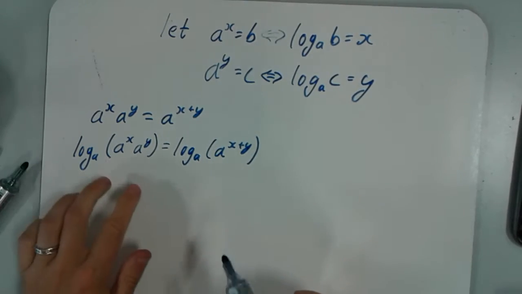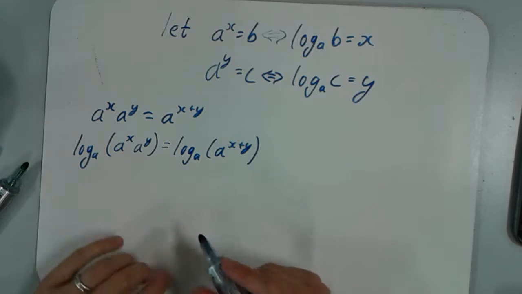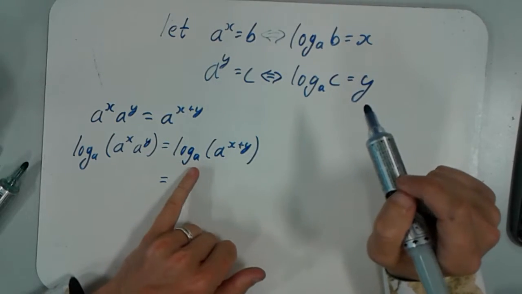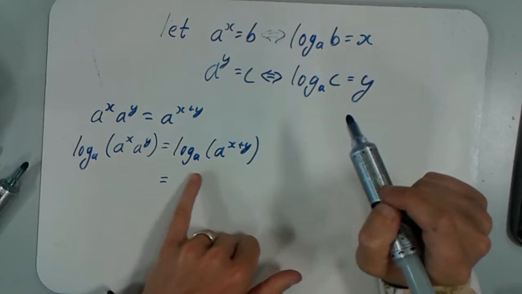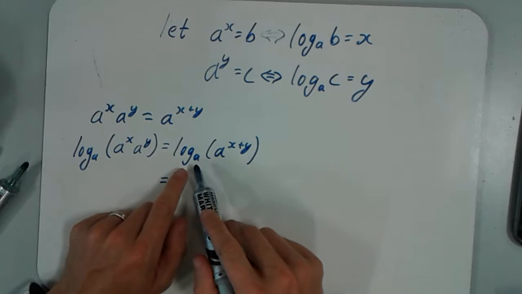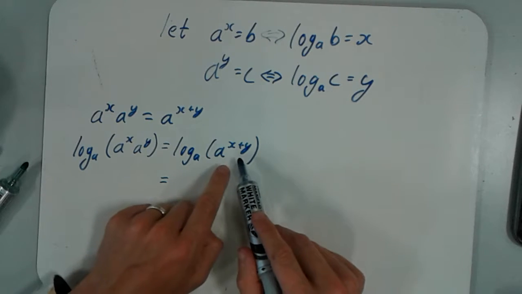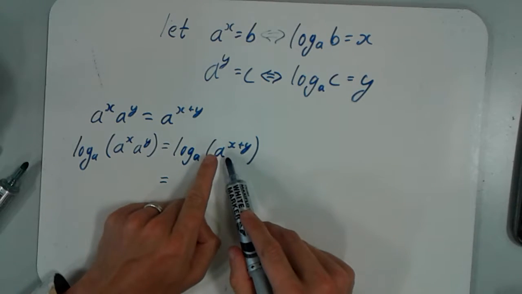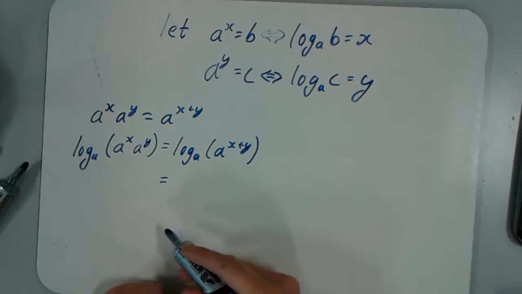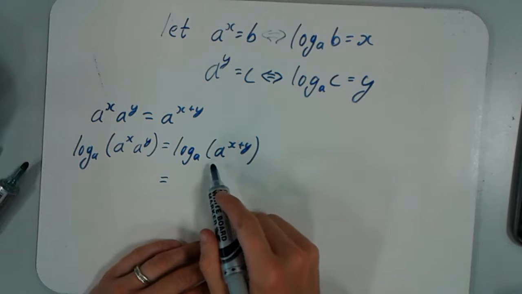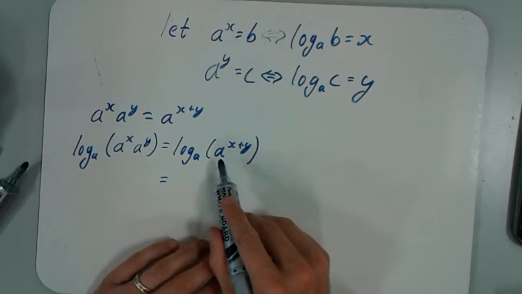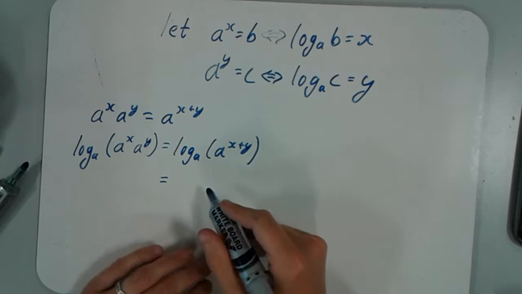Okay, so we'll stick with this for now. But if I look at this, I can simplify it a little bit. I'm asking: a to the power of what will give me a to the power of x plus y? That's almost a trivial question, because a to the power of x plus y gives me a to the power of x plus y.